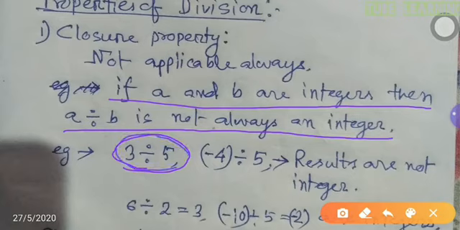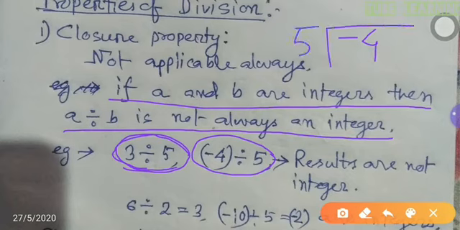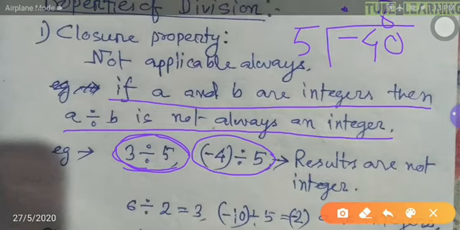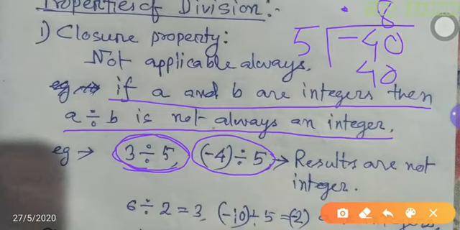And minus 4 divided by 5: when we divide this, we also get a decimal number, 0.8, because 8 fives are 40. This is not an integer, this is a rational number.